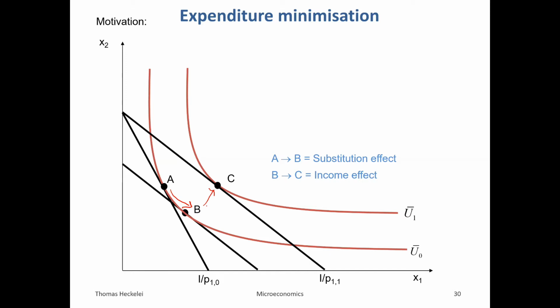And this is called the income effect because it has something to do with the real income, the real purchasing power. So now we can study this substitution effect using a dual problem of utility maximization, which is expenditure minimization.